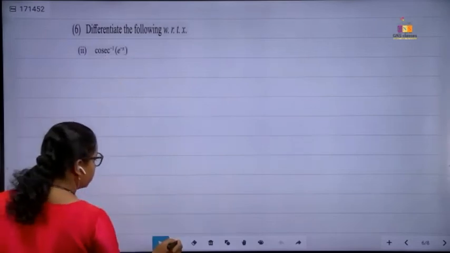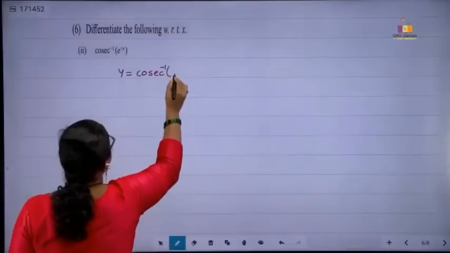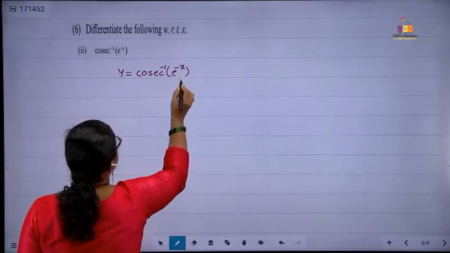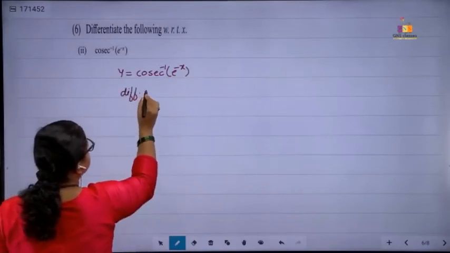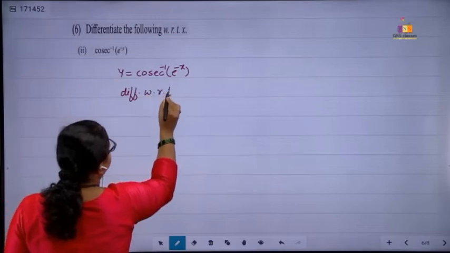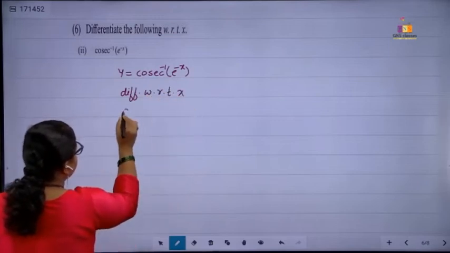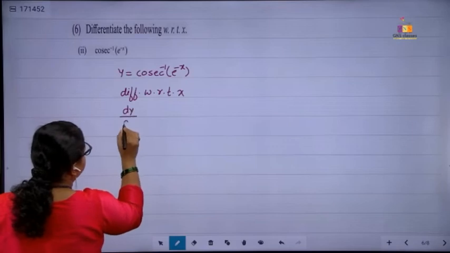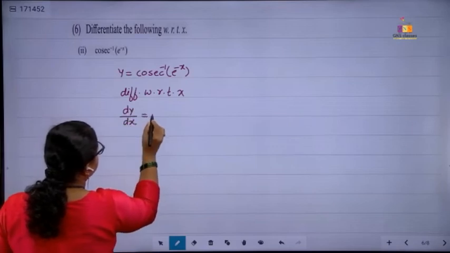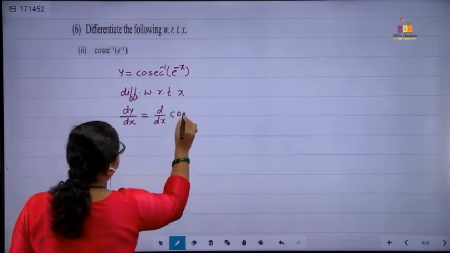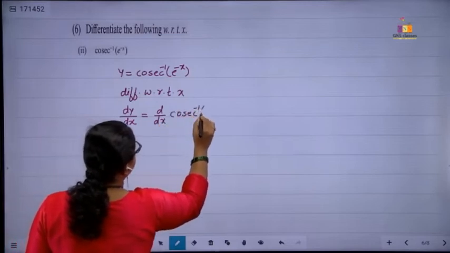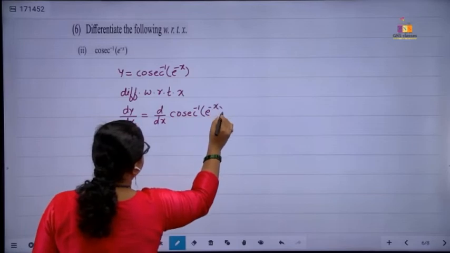y is equal to cosec inverse of e raised to minus x. Differentiate this function with respect to x. LHS dy by dx is equal to d by dx of cosec inverse of e raised to minus x.